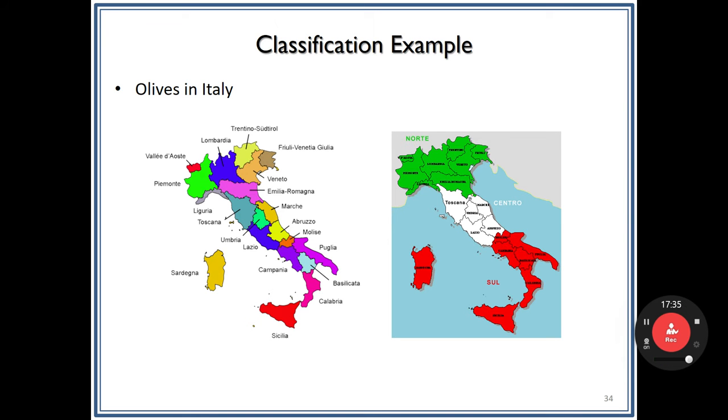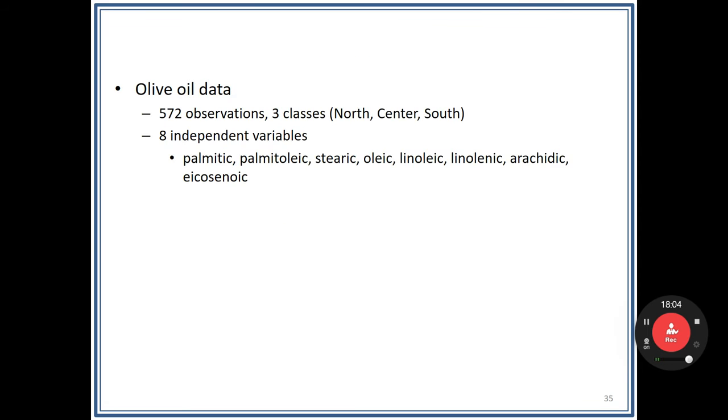In fact, there is a package in R where we can use the neural network, and this is a classification problem. Here is a map of Italy, with the north, central and southern parts, and the olive oils produced in different areas have different characteristics.